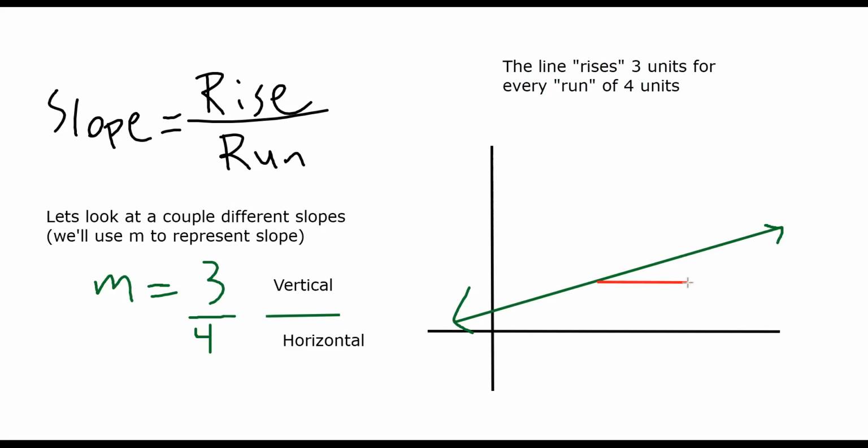It may not be very well to scale, but that's okay. For every 4 units it goes to the right, it's going to go up 3 units. You can see why the slope then is a good measure of the steepness of the line. It's almost just clearly from definition.